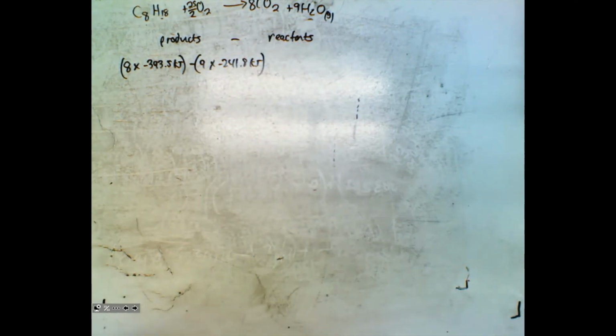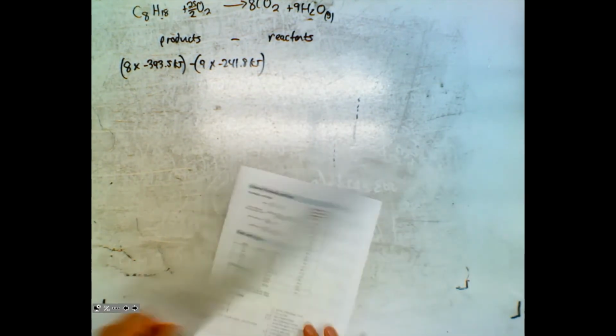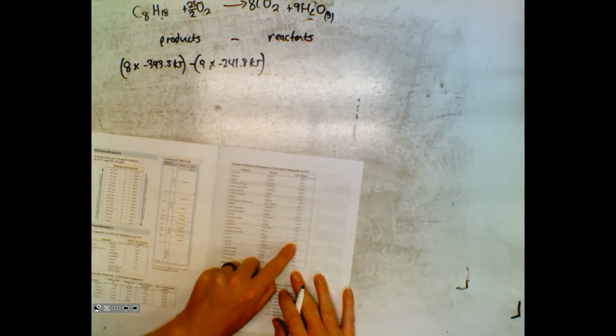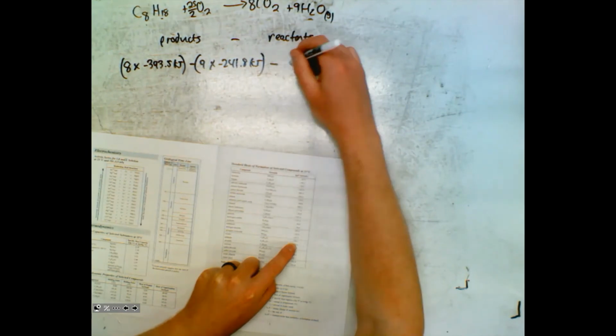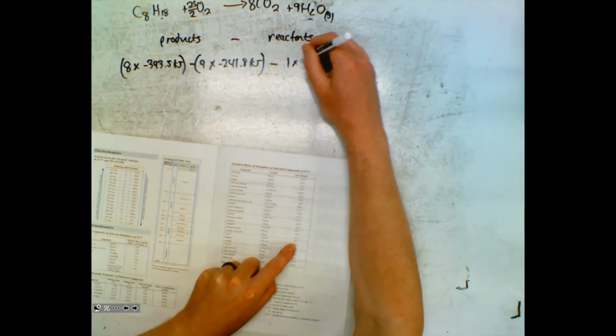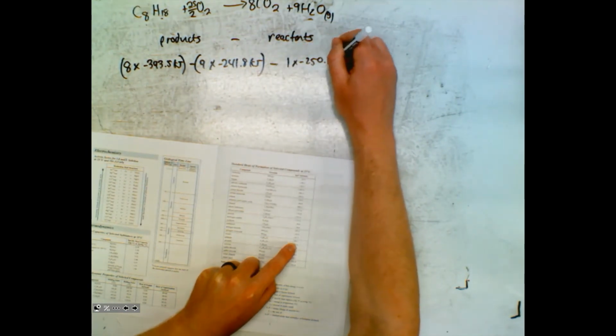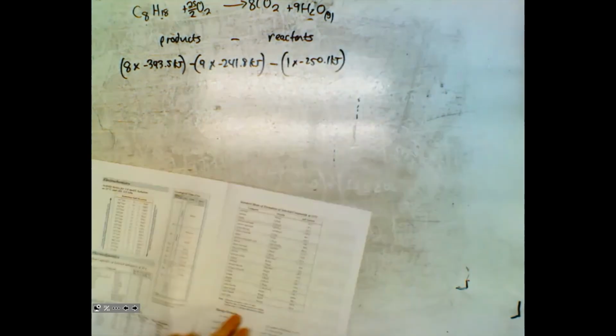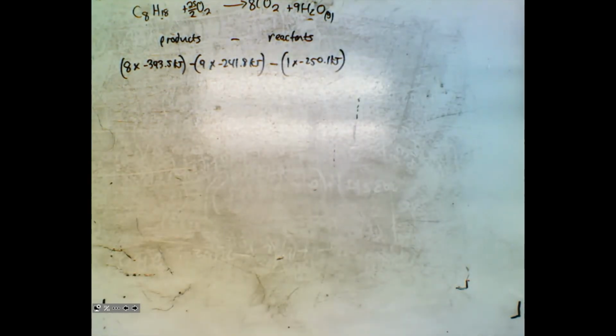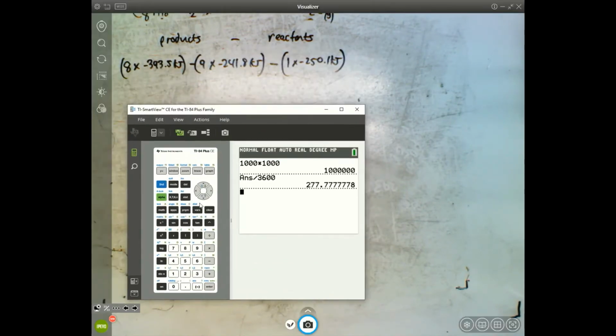And then I have to look up octane on here, and it tells me that octane is 1 times negative 250.1 kilojoules. So that's energy for octane. So let's calculate this.